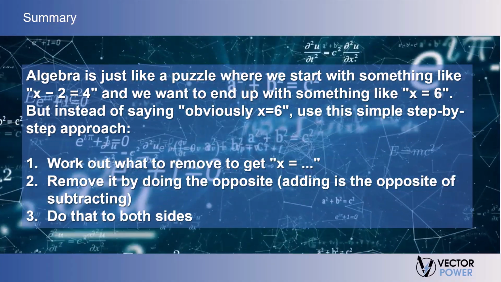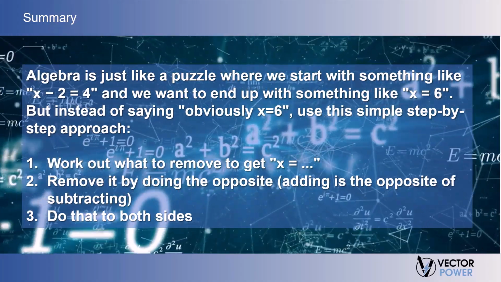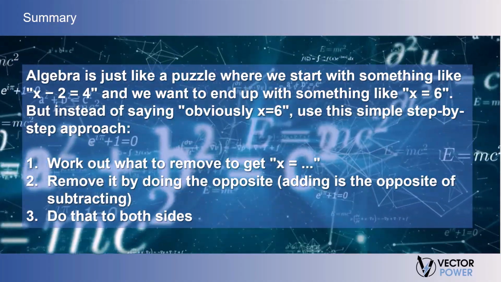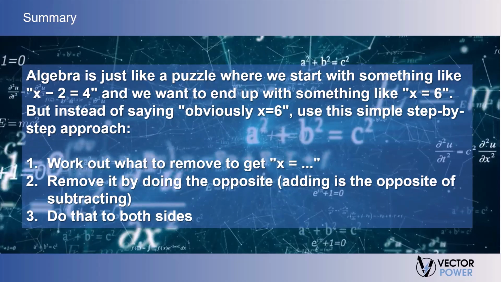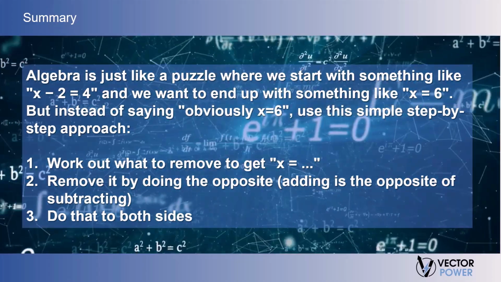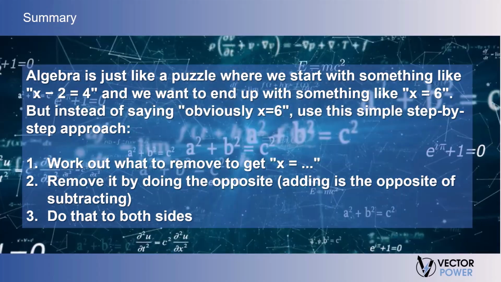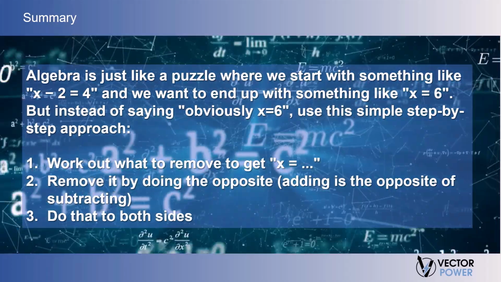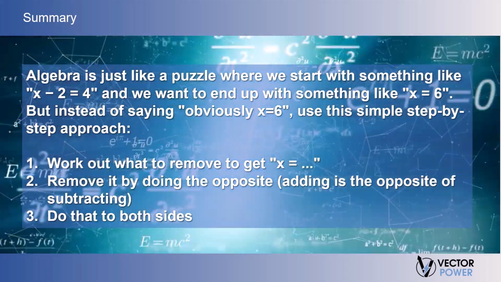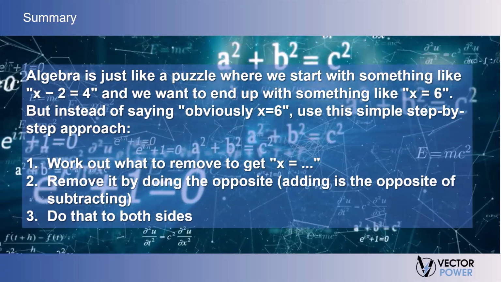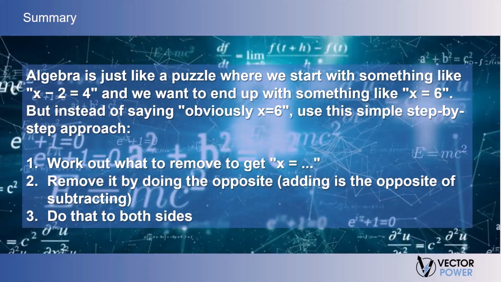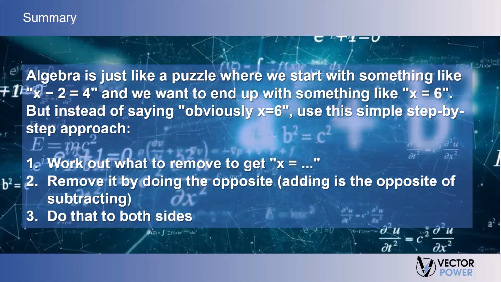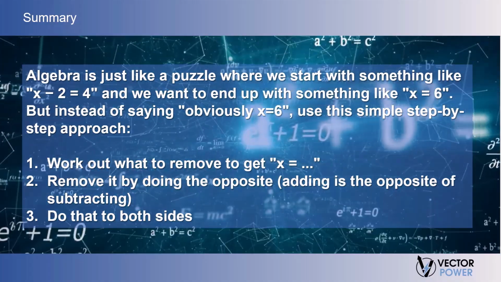But instead of saying, obviously, x equals 6, use this simple step-by-step approach. First, work out what to remove to get x equals. Second, remove it by doing the opposite. Adding is the opposite of subtracting. And third, remember to do it to both sides of the equal sign.